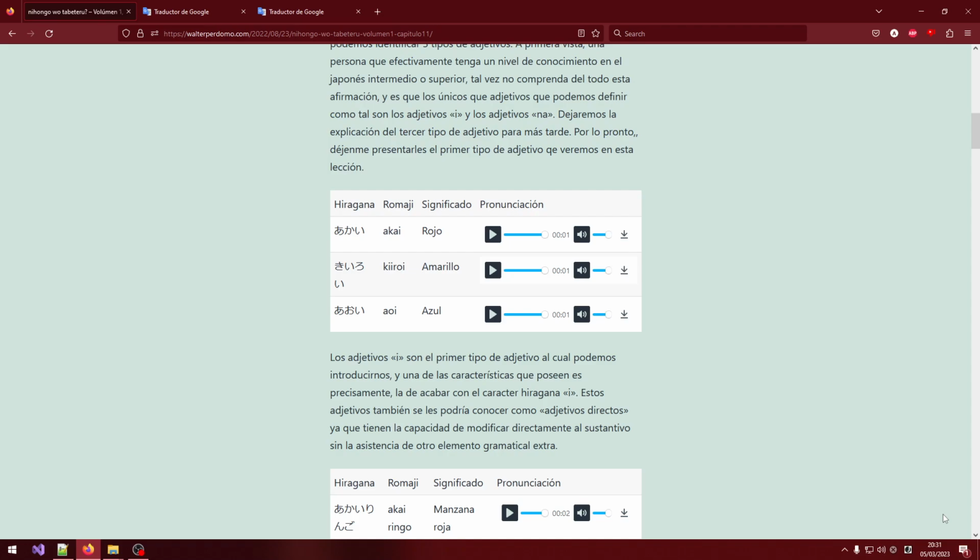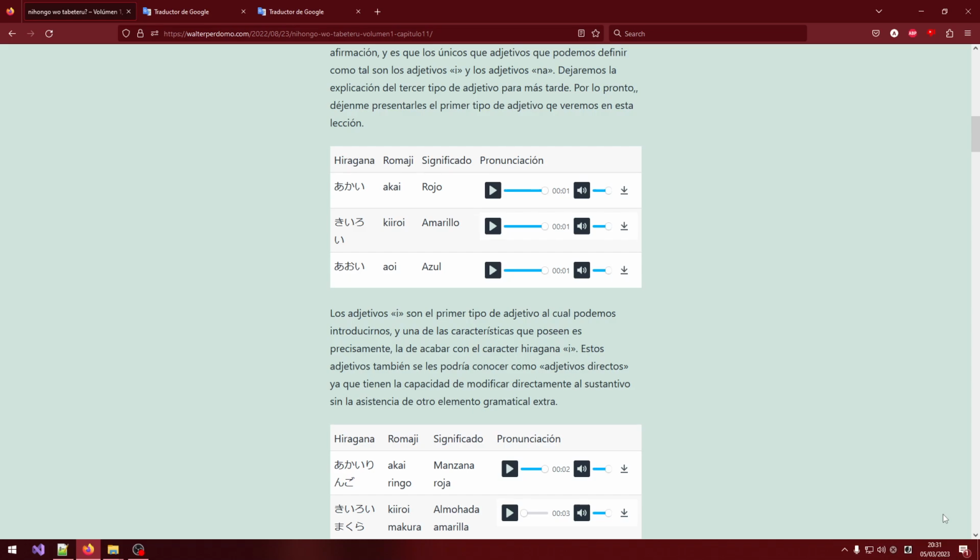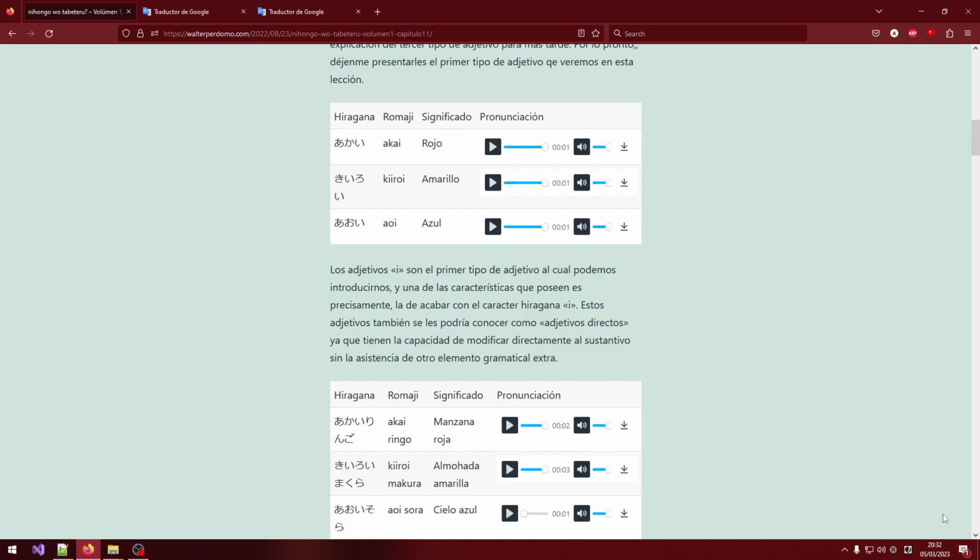Ringo is apple, I think we have already seen this word before. 黄色い枕, kiroi makura. Makura is pillow, and kiroi is yellow.